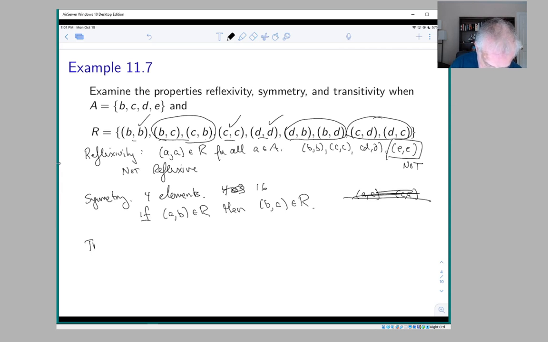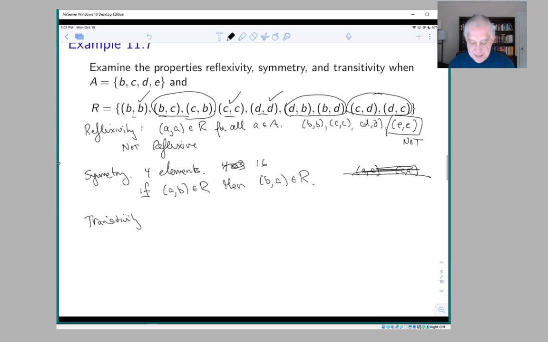What about transitivity? Well, this one is actually kind of a pain to check. Let's do a kind of random experiment. Notice that BC is in R. What about C?